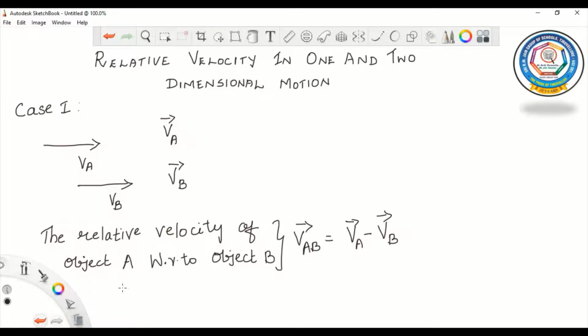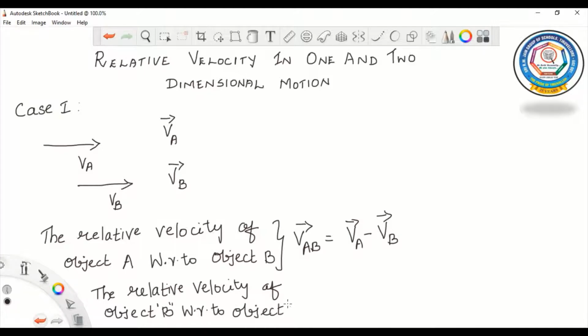Similarly, we can write the relative velocity of object B with respect to object A. This will be written as VBA, and this is equal to VB vector minus VA vector.